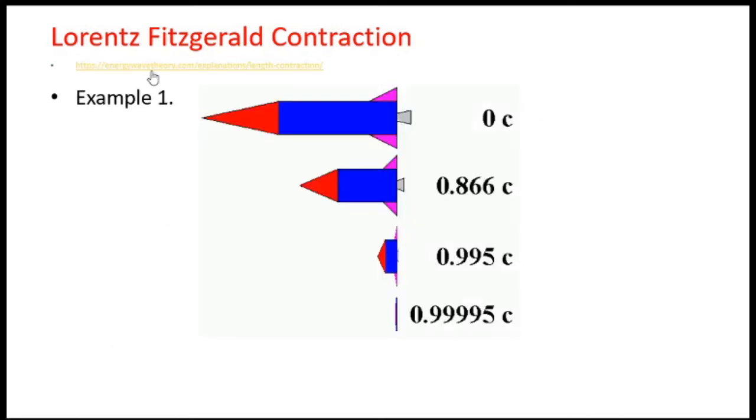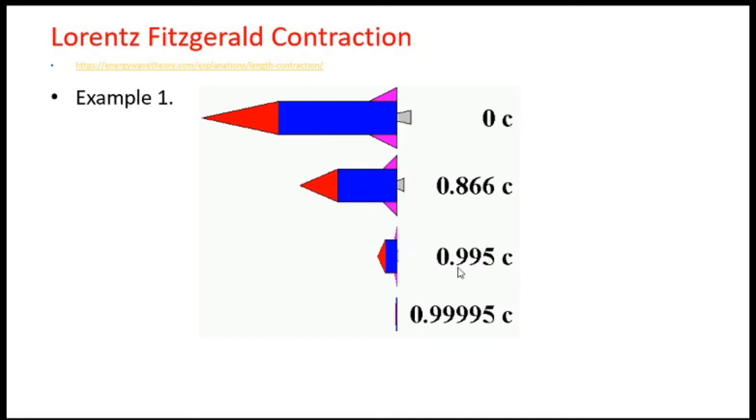So here are some examples. See, this is a rocket, suppose that it is moving. This rocket is at a speed of 0c, means it is at rest. So this is the length of that rocket. If it moves with a velocity 0.866 times c, relativistic speed, then you see that this pictorial representation shows that its length has decreased.